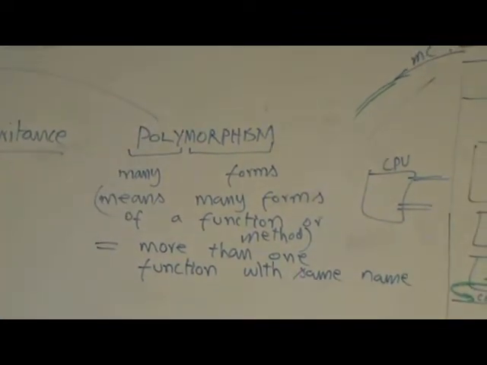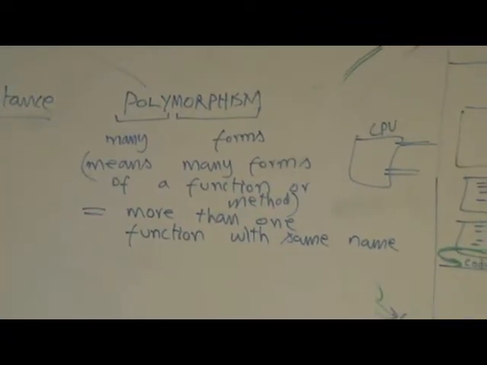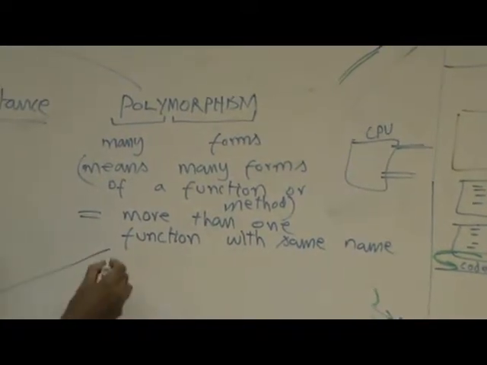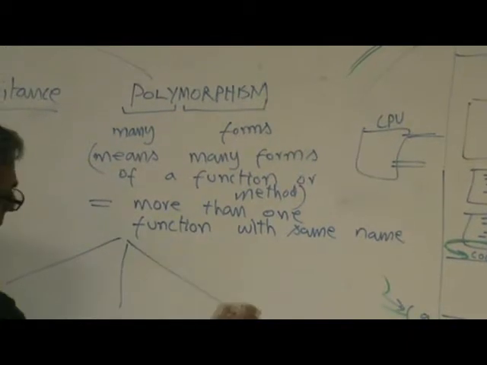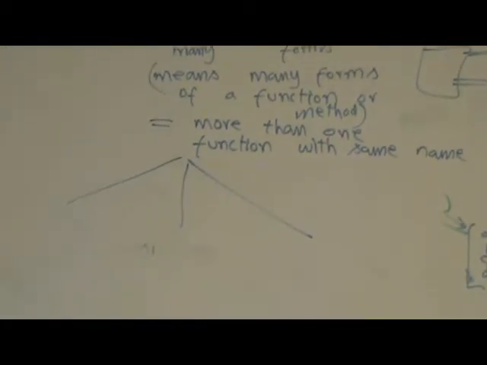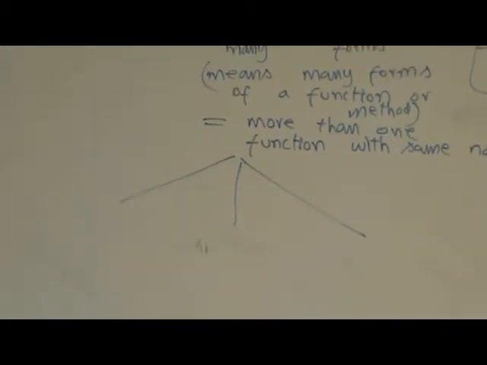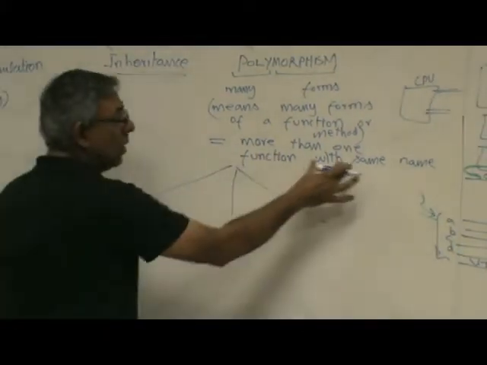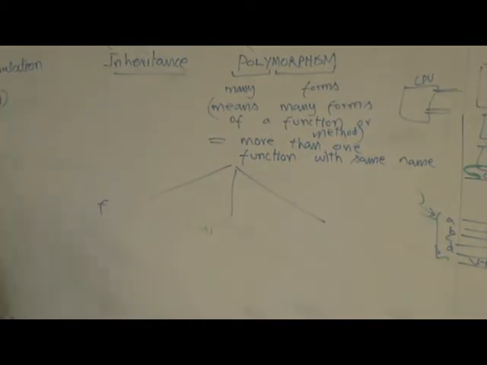Technically speaking, even though some people may disagree with me, there are three different categories of polymorphism. One is called function overloading. You guys have already seen more than one function with the same name. For example, remember whenever we were writing constructors, a constructor is a function, right? So we had more than one constructor.